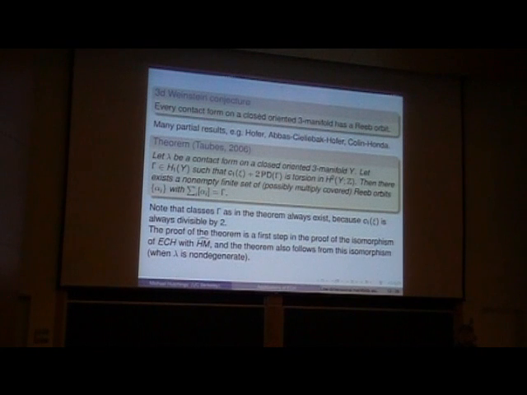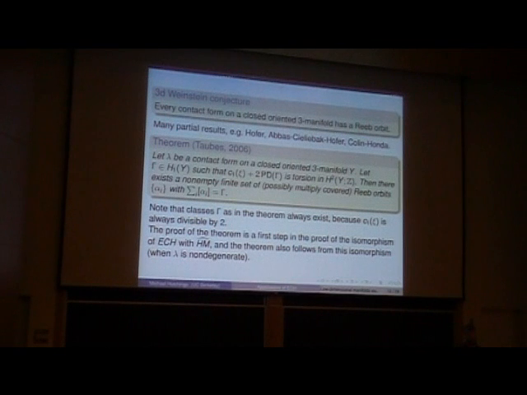So recall that the Weinstein conjecture in 3 dimensions says that if you have any contact form on a closed 3-manifold, then it has at least one Reeb orbit. So there have been many partial results, sometimes proving more than this. So Hofer proved that if the contact structure is overtwisted, or if pi_2 of the 3-manifold is nontrivial, or if the 3-manifold is S^3, then in fact there exists a contractible Reeb orbit.